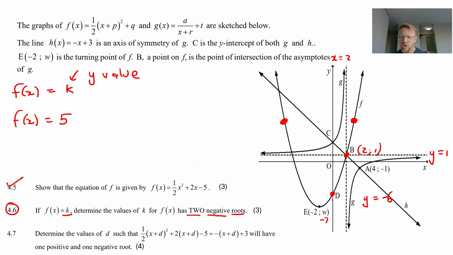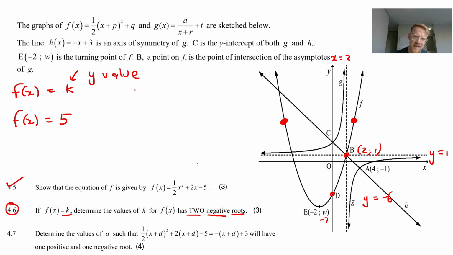But as soon as you go above this point, then all of a sudden the x value there is negative and the x value there is positive. So that's not what we want. So we want to be somewhere between the turning point and the y-intercept, because anywhere in that area you've got a negative x value and another negative x value, and that's what we want.